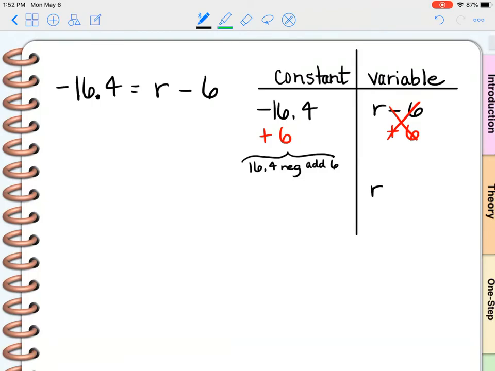So negative 16.4 add 6 is negative 10.4. And if you want to put your parentheses around the 10.4, like so, that is fine. Personally, that drives me crazy, so I'm not going to do that. But you can do it if you want to. It's the same answer.